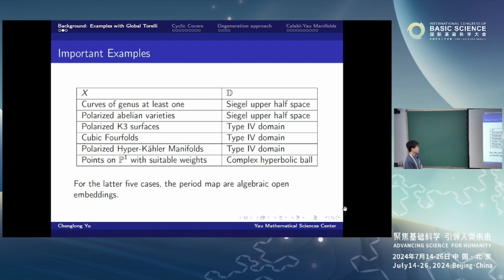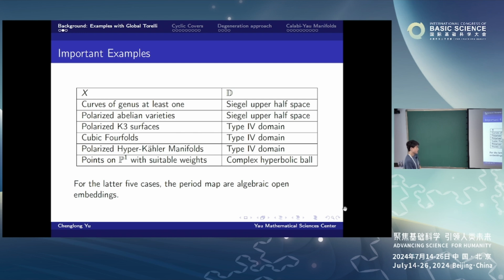All right, so for the latter five cases, the period map will give you an algebraic open embedding. So the moduli is a quasi-projective variety, sometimes with compactifications, and on the right hand side, you also have quasi-projective varieties.